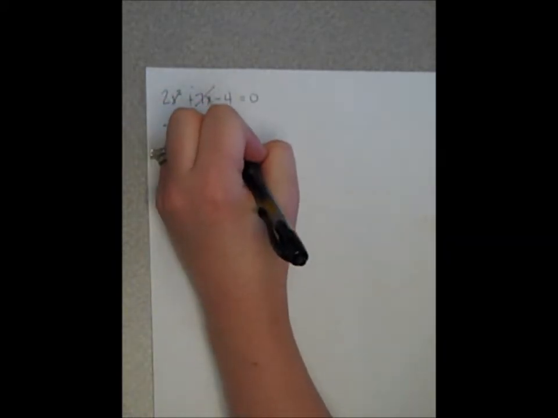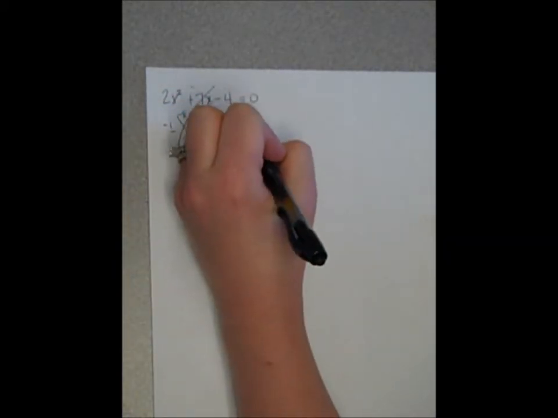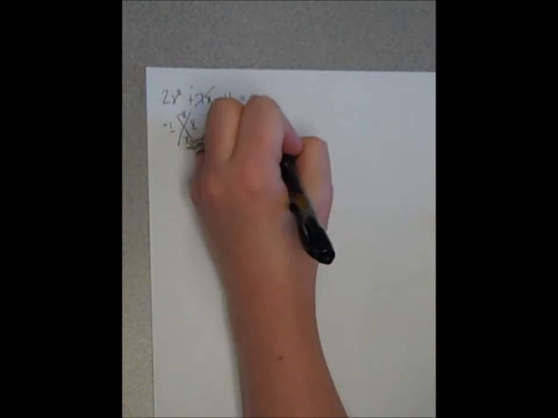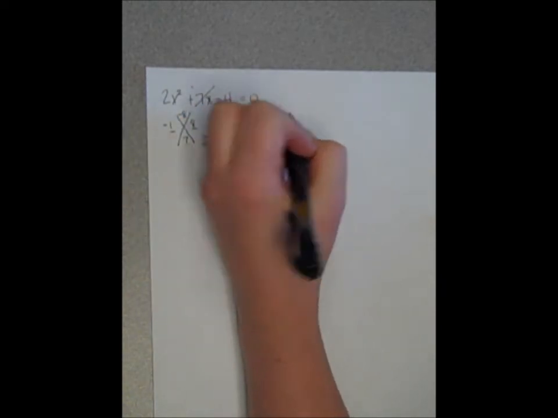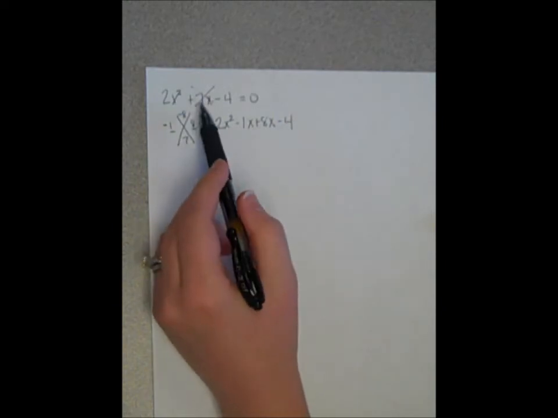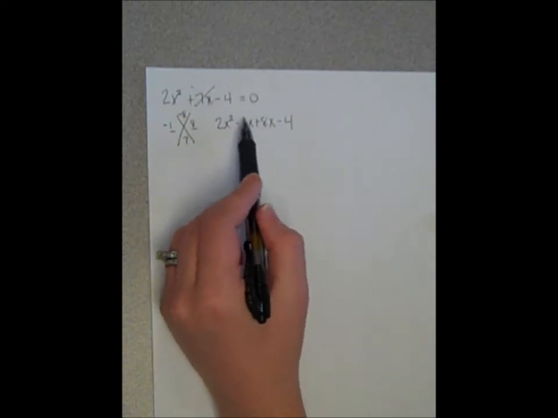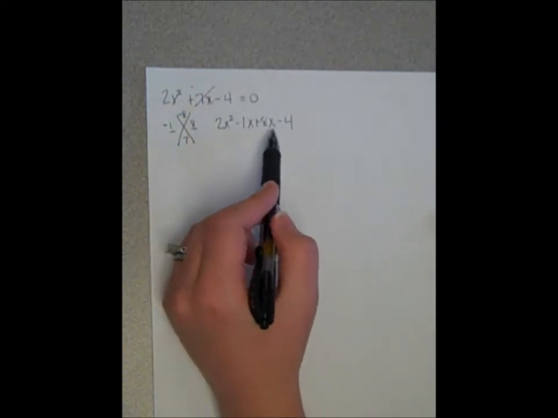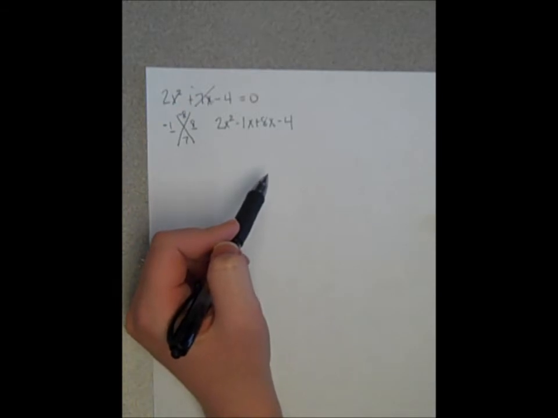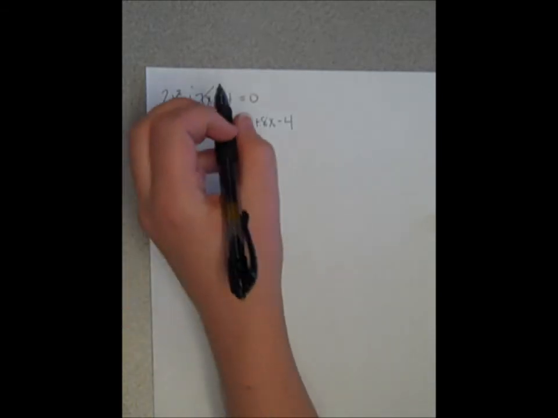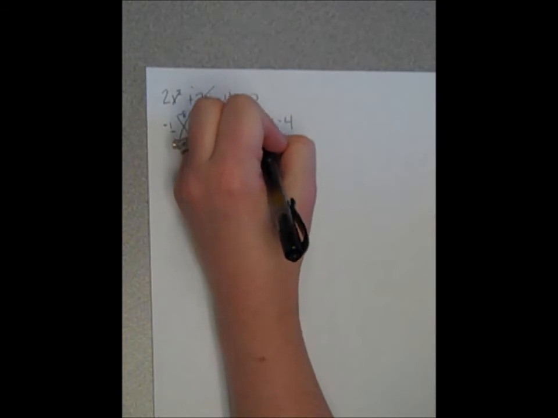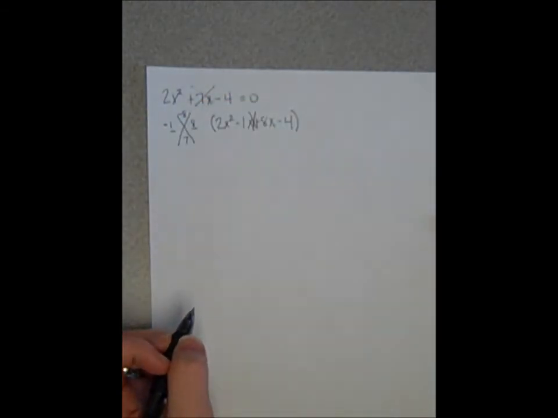So 2x squared minus 1x plus 8x minus 4. This says the same thing as your original equation because you could combine your terms back and get 7x, only now it's in the form that I want it. Because I need an even number of terms here so I can group these into two parentheses.